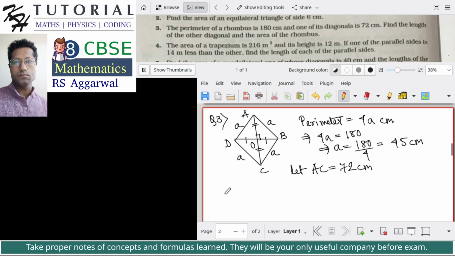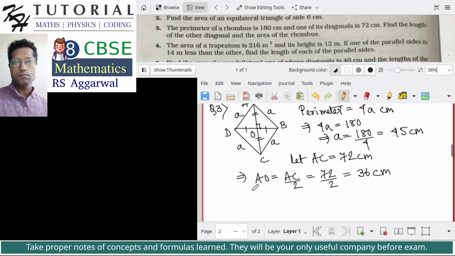Since the diagonals are bisecting each other, AO will be equal to AC by 2, which is 72 by 2, which is 36 centimeter. So AO is 36 centimeter. Now how do we find the other diagonal BD? BD will be twice of OB.